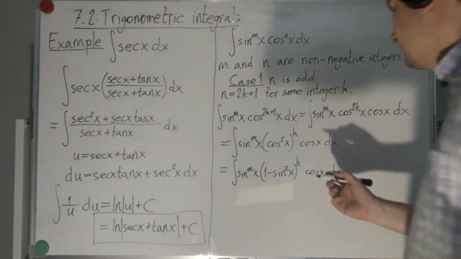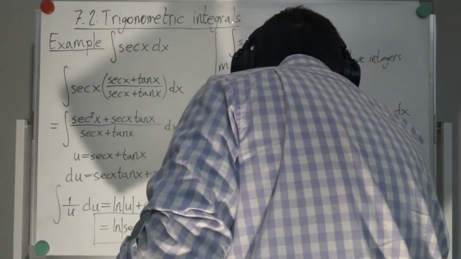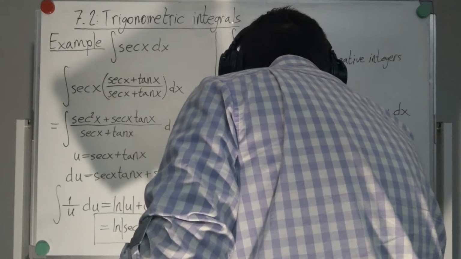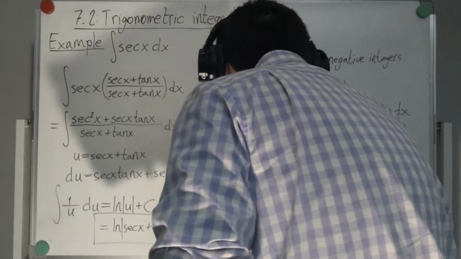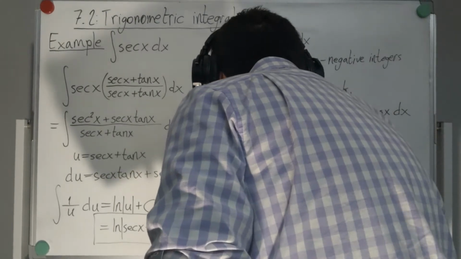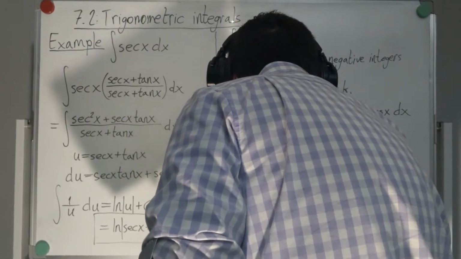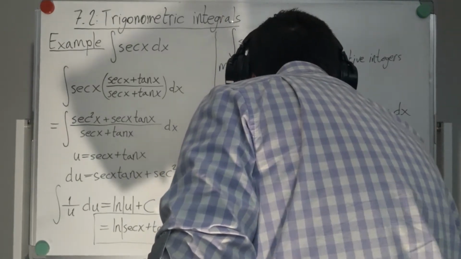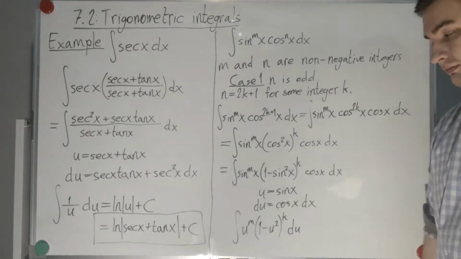Now at this point, if you say u equals sine x, then du ends up being cosine x dx, in which case this just becomes the integral of u to the m times 1 minus u squared to the k du. Okay?